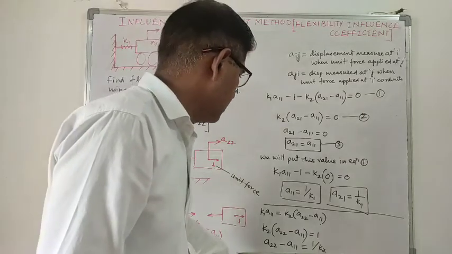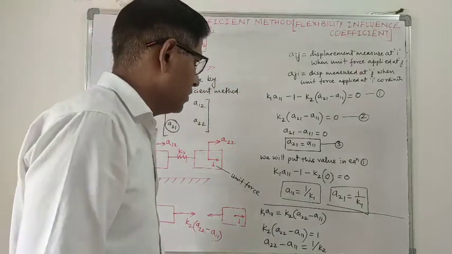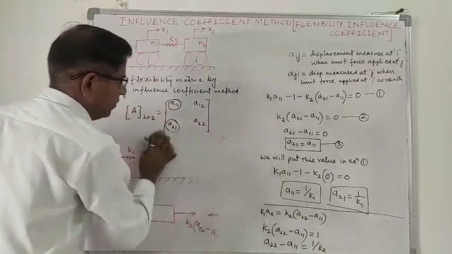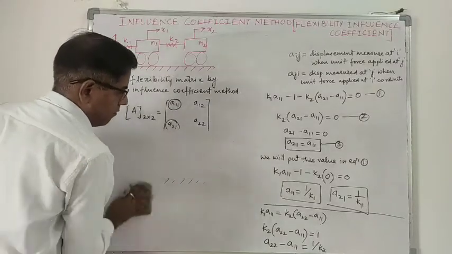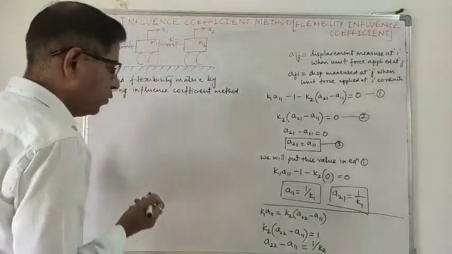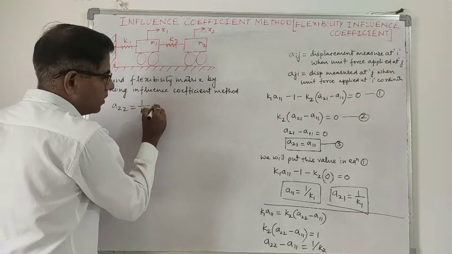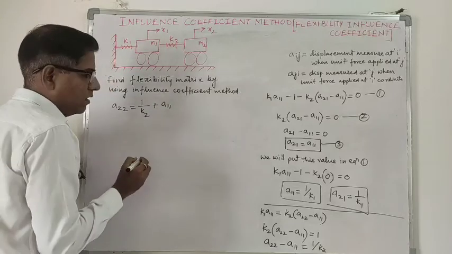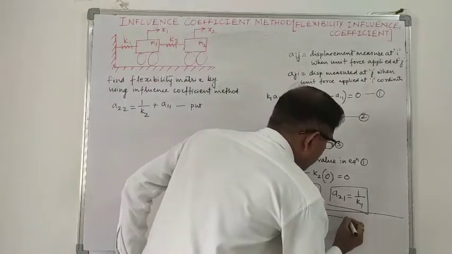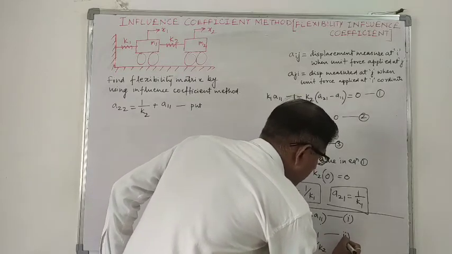Now A22 is equal to 1 upon K2 plus A12. So say this is equation number 1 and this is equation number 2.